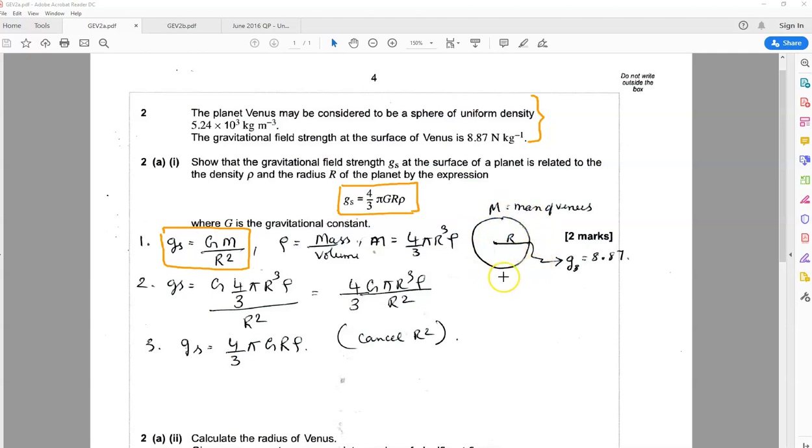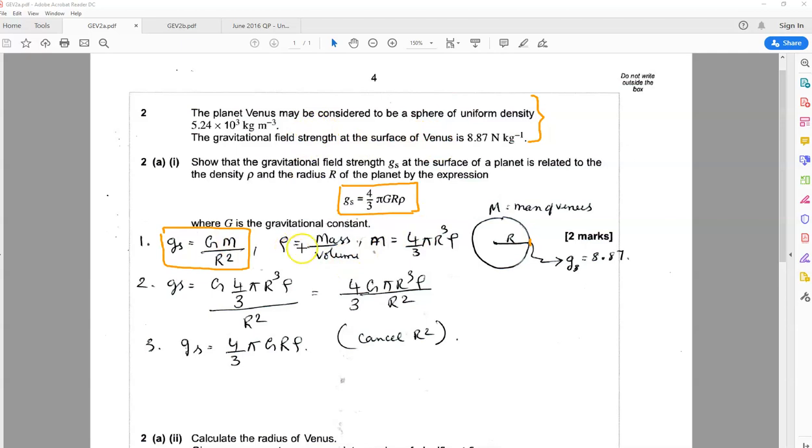Now, I've got a diagram here. This is the mass of Venus, and this is the radius of Venus, and this is a point on the surface, and the question says the gravitational field is 8.87 at this point. In order to use this standard equation, we must know the mass, but the mass is not given in the question.